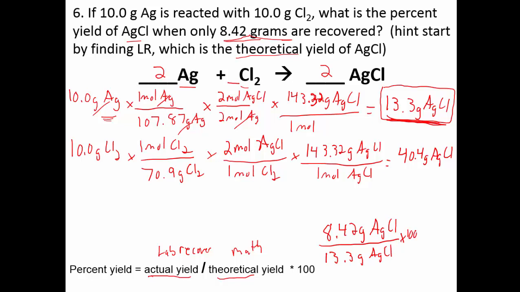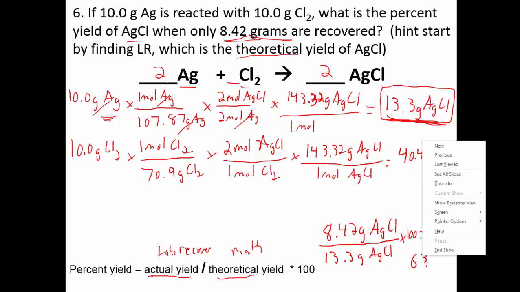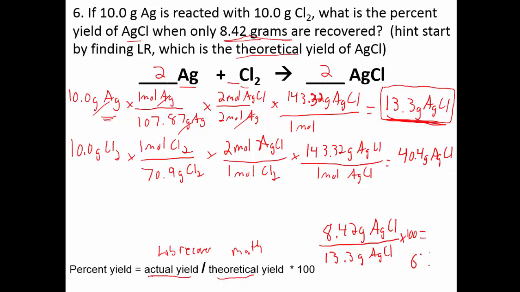Divided and times 100, so in the end, 63.3% is how much total we recovered compared to how much we should have gotten. Every chemical reaction is different. We could have lost some of it, or some not reacted. So that is the reason why we might not get 100% for this reaction.